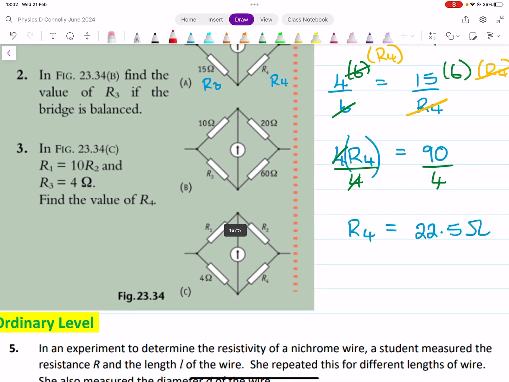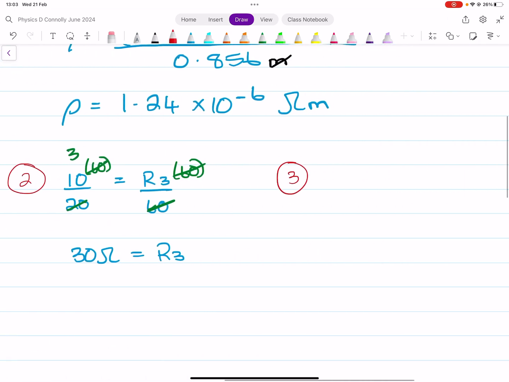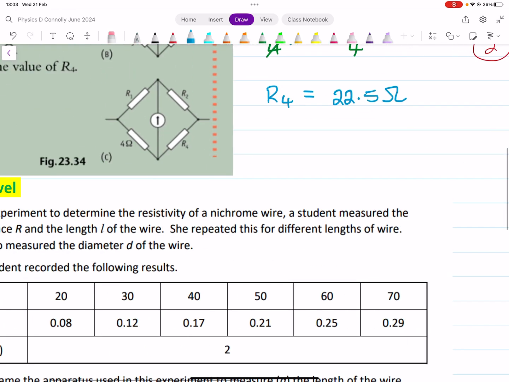And then the third one. Okay. So R1 is 10 times R2. Sorry, I'm going to start with the formula. So R1 over R2 equals R3 over R4 is my Wheatstone bridge formula.